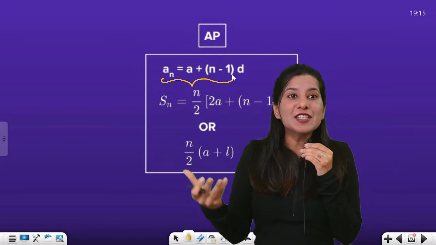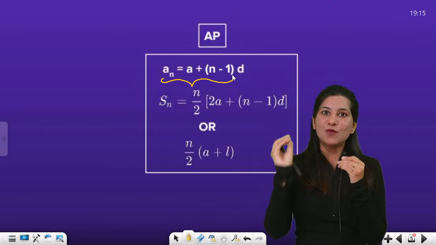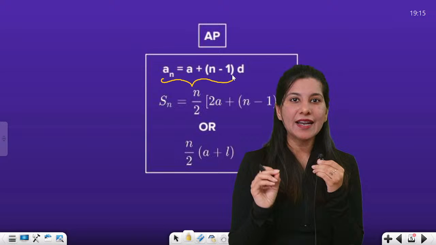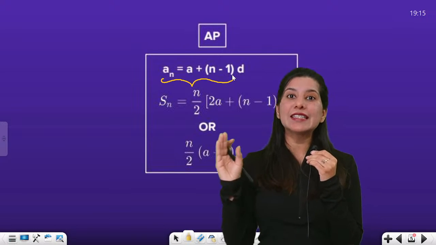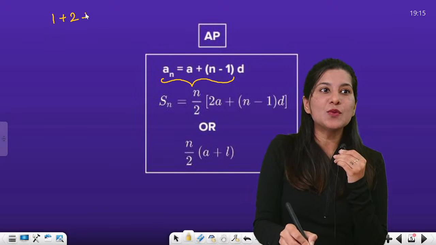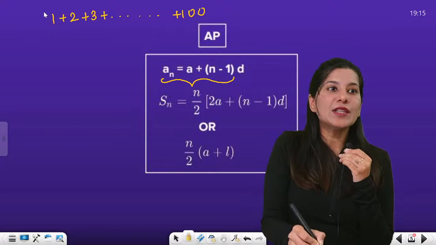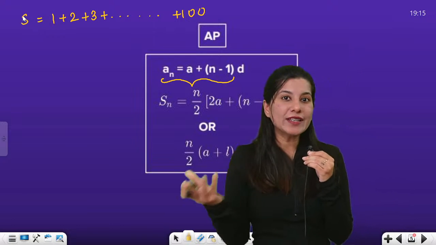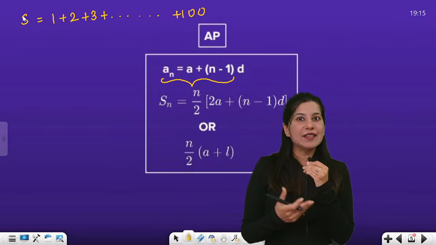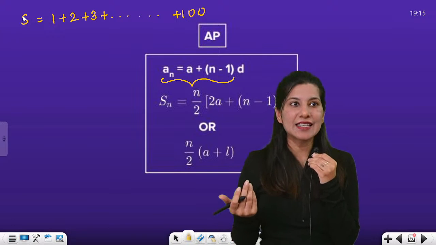As a punishment, the teacher told the student to add all the first 100 natural numbers. That means the teacher gave him the assignment 1 plus 2 plus 3 and all the way up to 100. So that the small kid would be busy and not trouble the whole class or create a nuisance in the class, right?